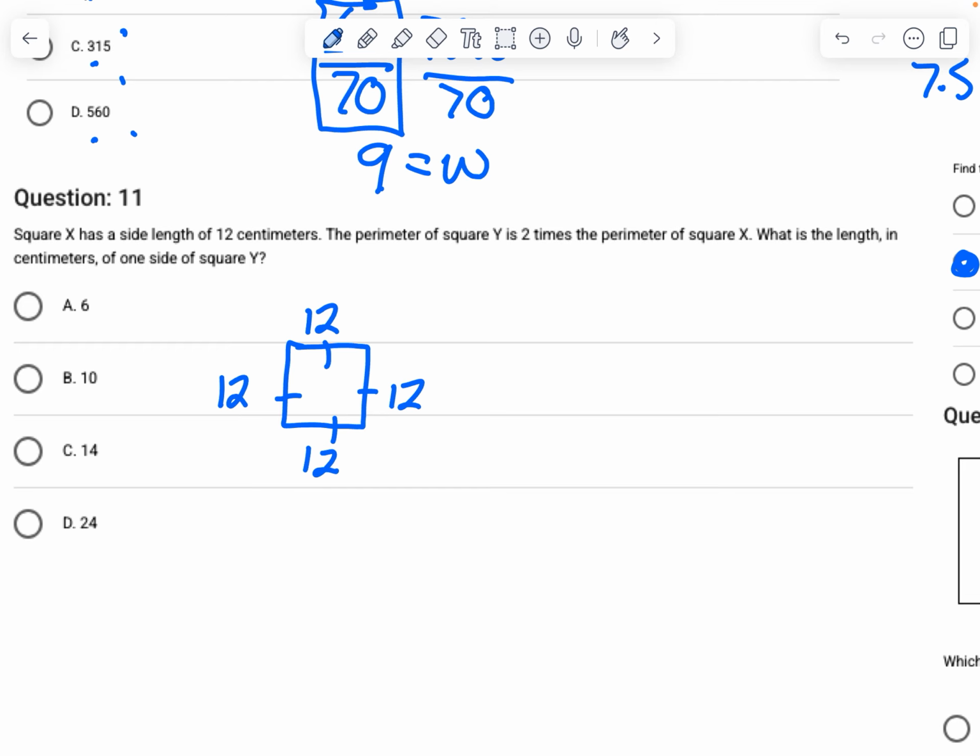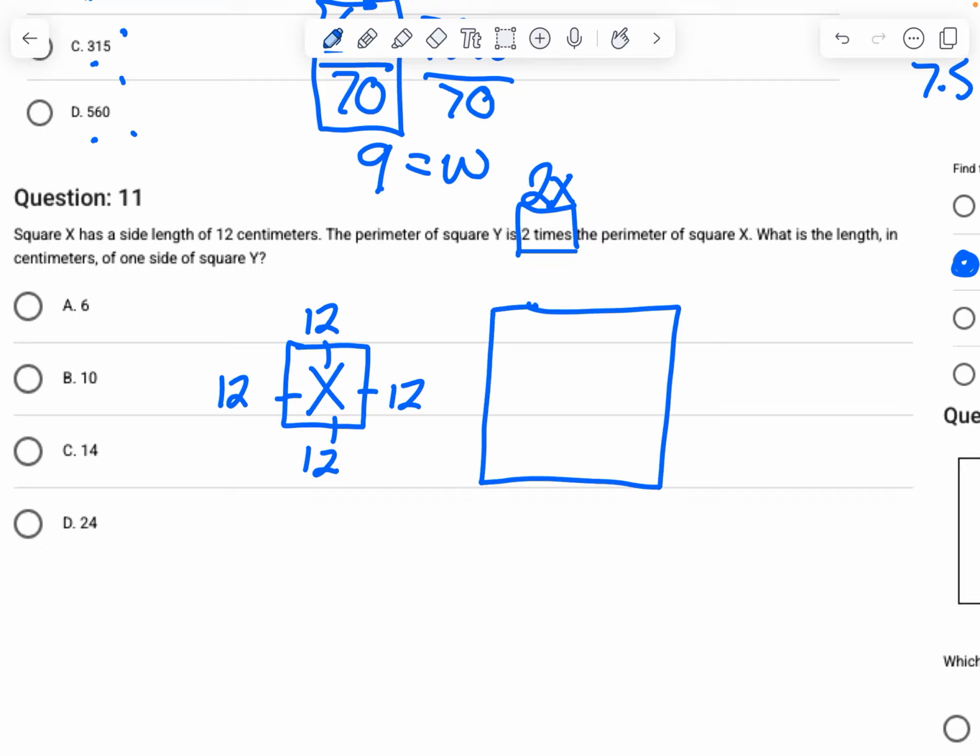The perimeter of square Y is 2 times the perimeter of square X. Well, this is square X. Well, the Y is going to be twice as much. Twice as much, okay? What is the length in centimeters of one side of the new guy right here?